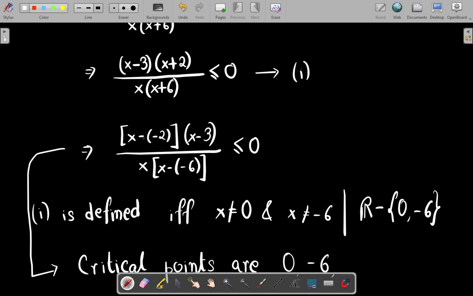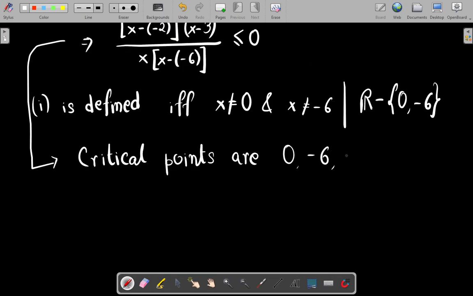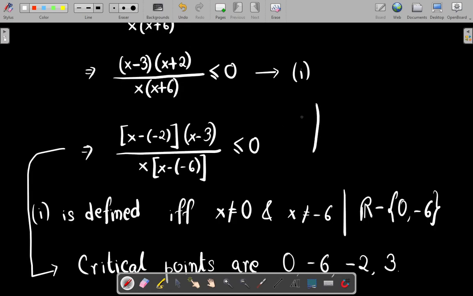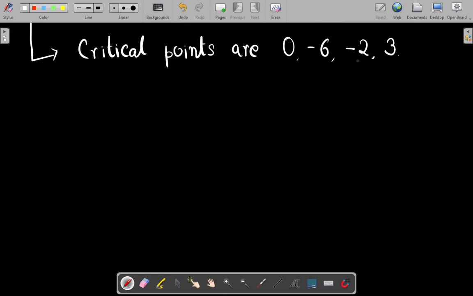If x is equal to minus 2, this will become 0, or if x equals 3, this will become 0. So the other two critical points are minus 2 and 3, which we get by equating the numerator x plus 2 times x minus 3 to 0.